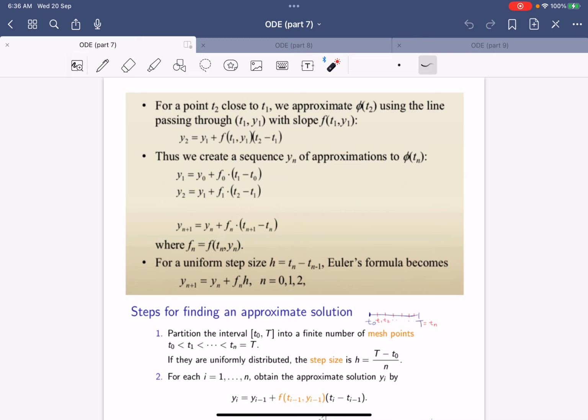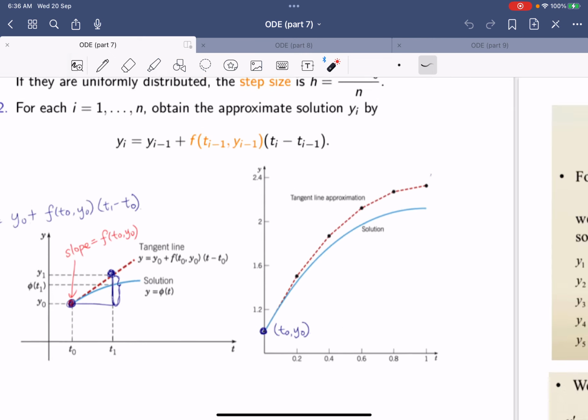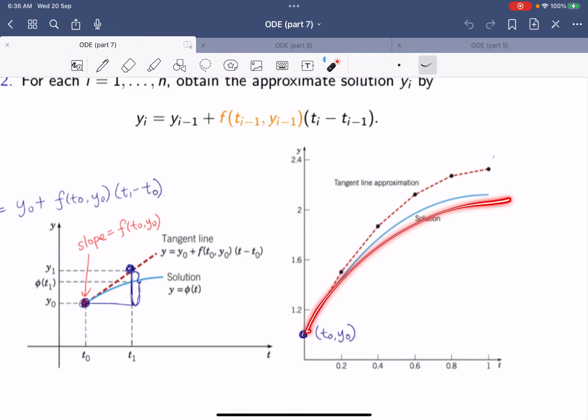So you can see how this gives us a systematic way to approximate the solution for the ODE. And if the solution is this curve, our tangent line approximation will just start from here. We see where the tangent line is by plugging into the ODE, then we go up, and we actually get a shape that resembles the solution.